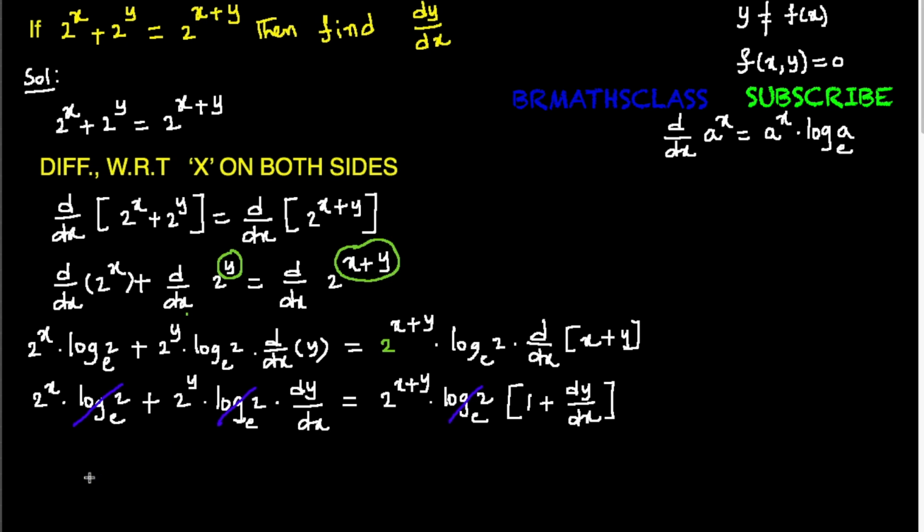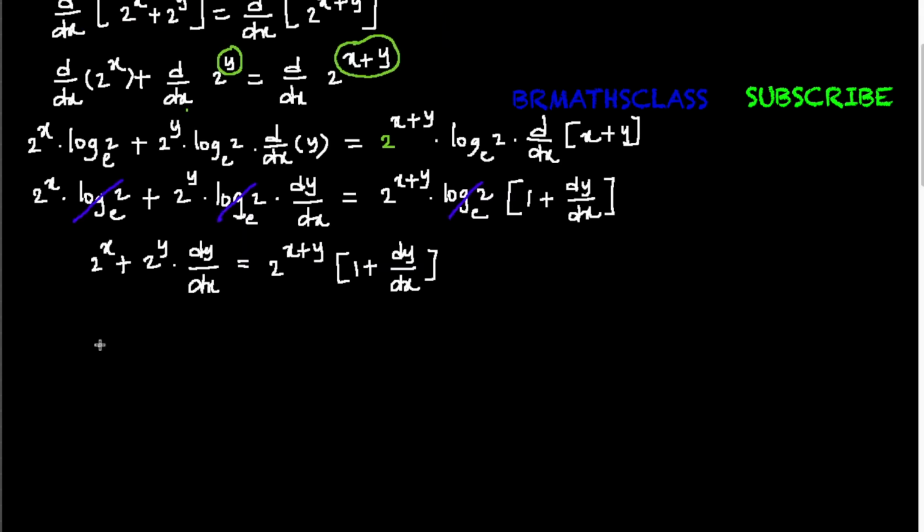So what is remaining: 2^x + 2^y dy/dx = 2^(x+y)(1 + dy/dx).